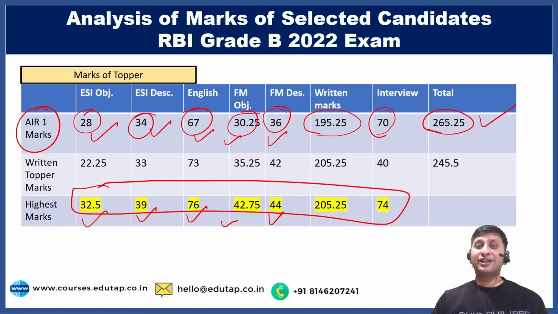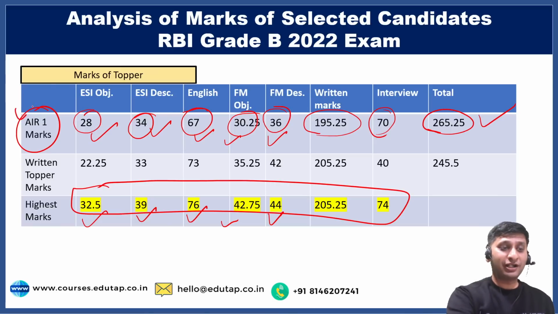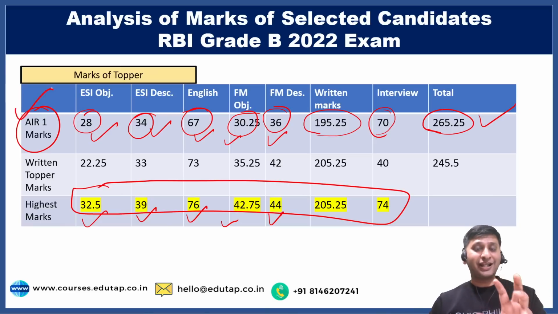Nowhere you can see that he has scored really good marks, or nowhere you will see that he has scored really less marks. So it is the consistency which makes him All India rank 1, though I would repeat that he has not scored the highest marks in any of the areas. So this is the All India rank 1 marks.